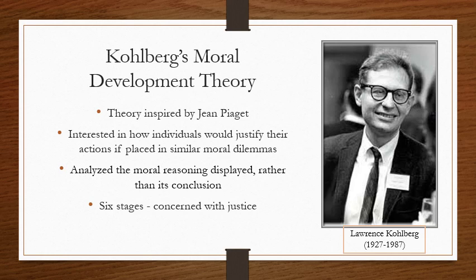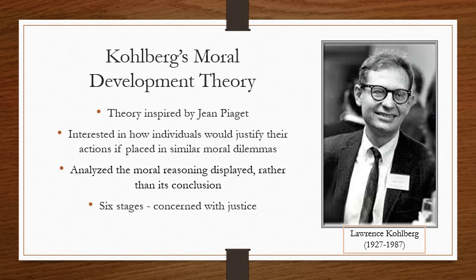It's a theory inspired by Jean Piaget. Sometimes it's not necessary to reinvent the wheel. In fact, the theory of moral development is an outgrowth of Jean Piaget's 1932 theory of moral reasoning. The theory was developed by psychologist Lawrence Kohlberg in 1958.